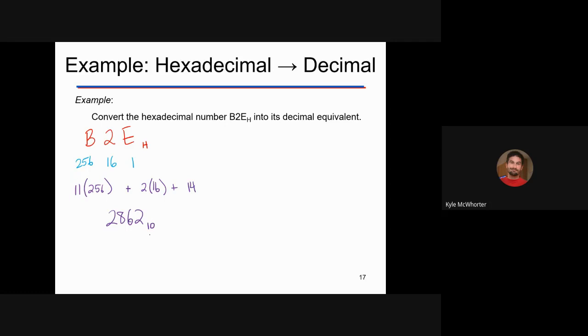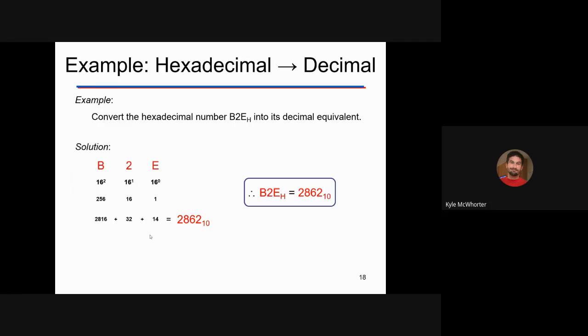And that would be in base 10. And again, here's their solution, 2,862, perfect.